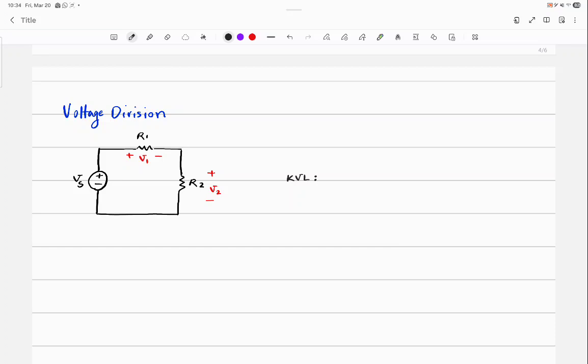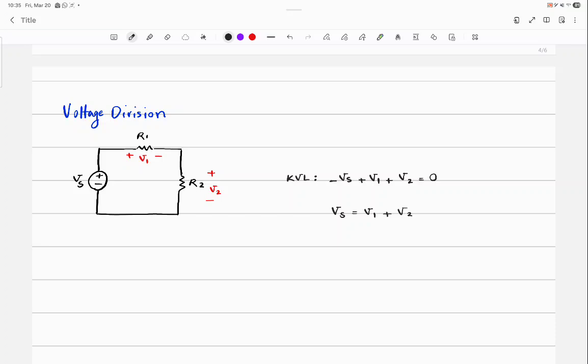Negative Vs. Next? Positive V1. Next? Positive V2. Equal to 0, right? Then I will write Vs is equal to V1 plus V2. You all agree with that?